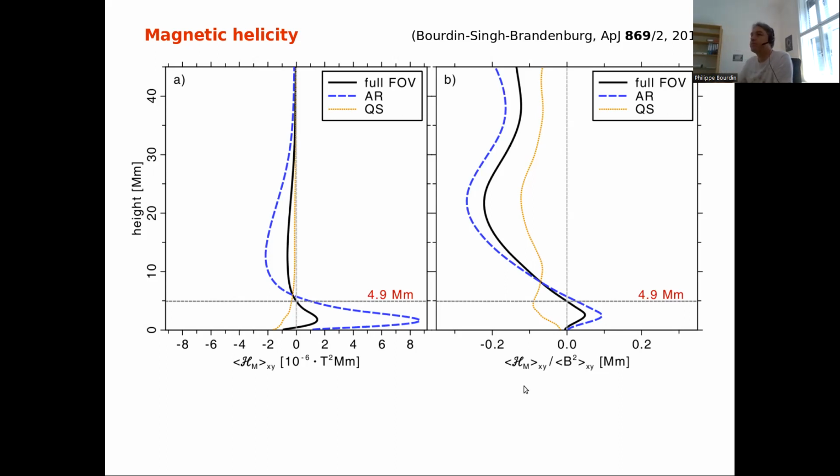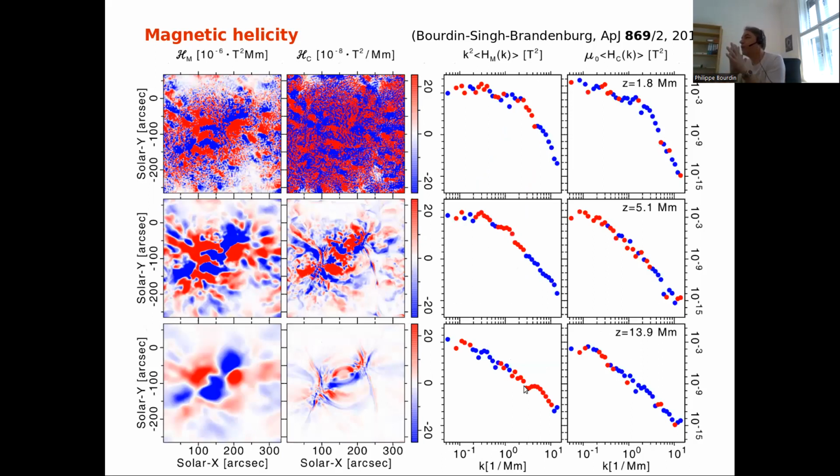Okay. So then we want to know if that is a general feature on large scales, or on small scales, or in all scales. So what I plot for you here is, again, the helicity density, the gauge-dependent quantity, but at least the sign reversal should be present, as we have proven, at different heights.